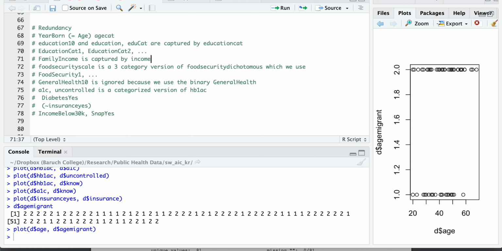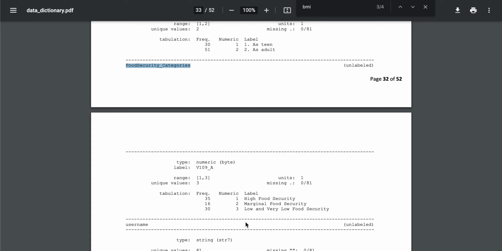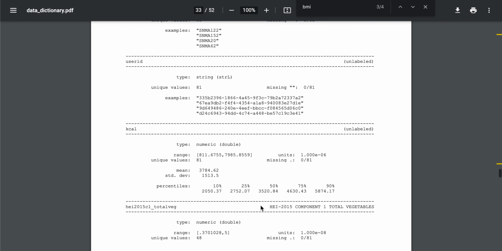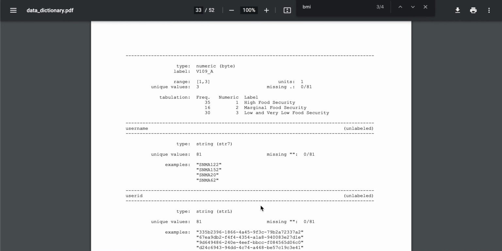Maybe we can just, I mean, there's no reason not to use it, except that these two might be very similar. So yeah, let's just use food security.